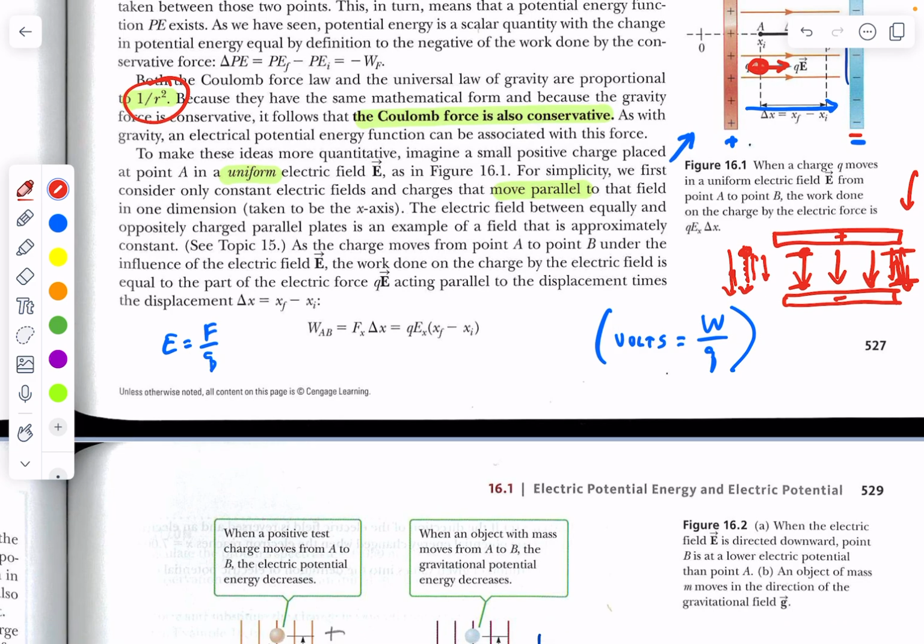Remember, electrical field strength is defined as the electrical force per unit charge. When we multiply both sides by Q, we get F equals the electrical field strength times Q. And if we remember that work equals force times distance, here's my force, Q times the electrical field, and here's my change in distance.